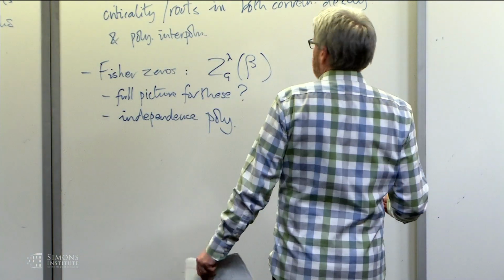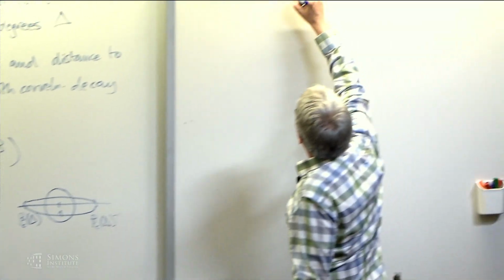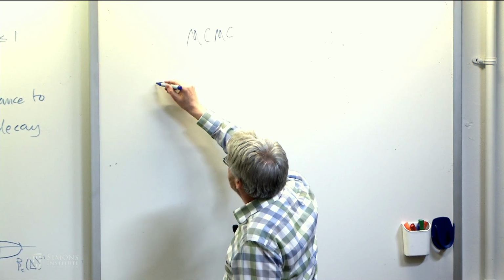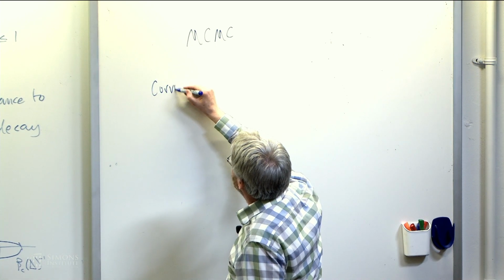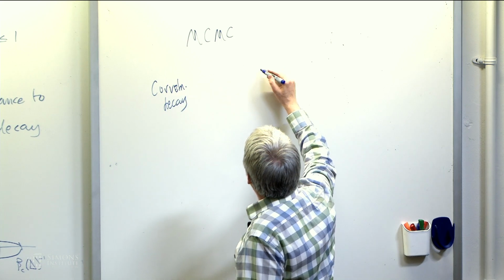And then let me also suggest that we have these methods: Markov chain Monte Carlo, correlation decay, and polynomial interpolation.